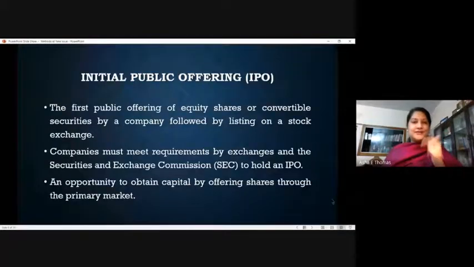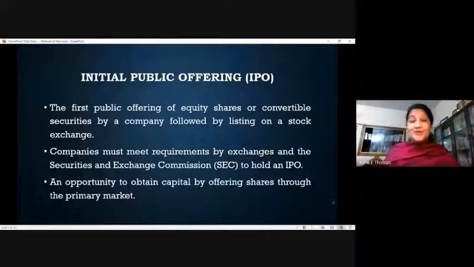Let's take the first one, the initial public offering or IPO. As the name indicates, it is the first offering made by the company, either in the form of equity shares or convertible shares. Once the company brings its shares to the market, listing of those shares in the stock exchange, that is, moving them to the secondary market, is also expected in the near future.